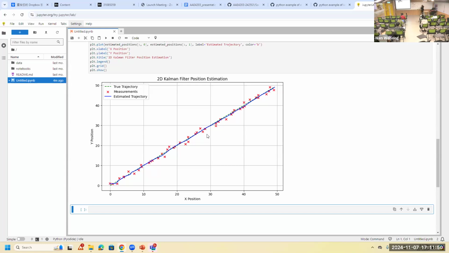It's the same. The predicted state is equal to F times the previous state. The second part is the covariance: P is F multiplied by P of k minus 1, multiplied by F transpose, plus Q. Later I will introduce the meaning of this equation. Q is the noise of the process. This process is called prediction.